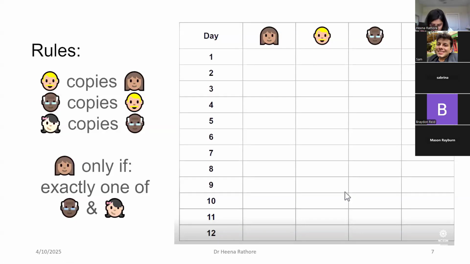So let us imagine that we have 4 people in a group: a girl. No, let's make this a woman, this a man, this an old man, and this a girl. We are deciding who has an umbrella on a specific day.